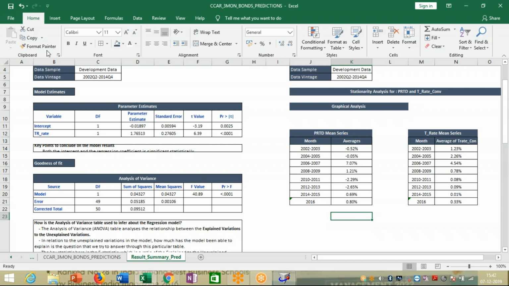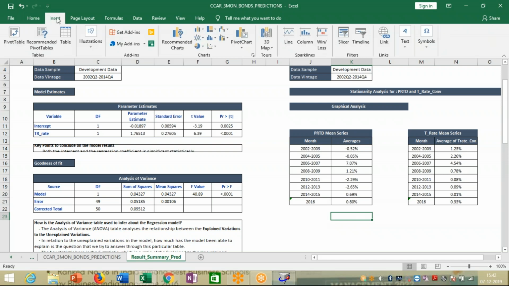Okay, so let's just plot the graphs first.